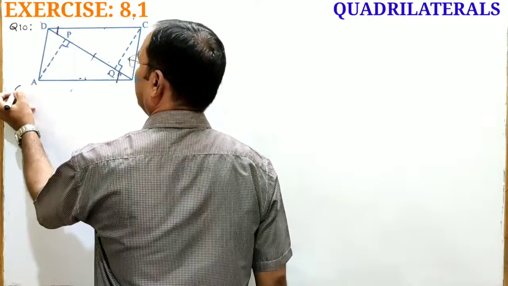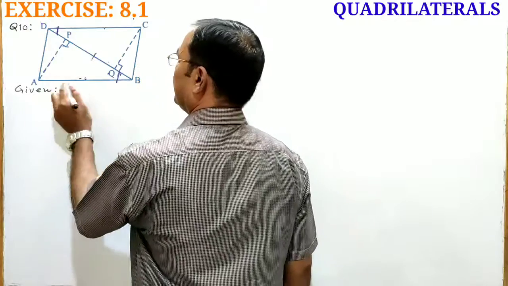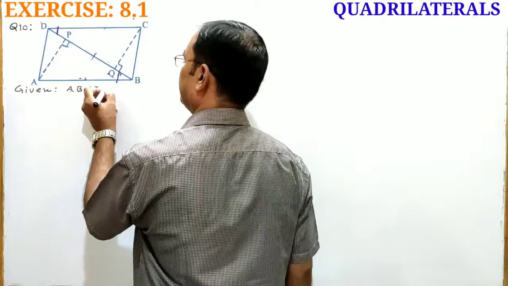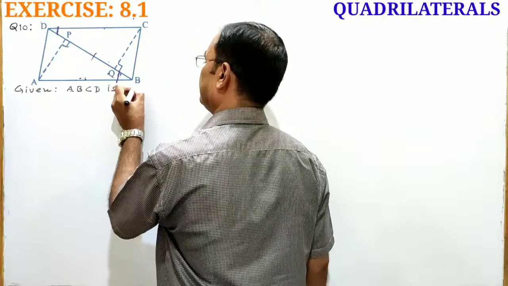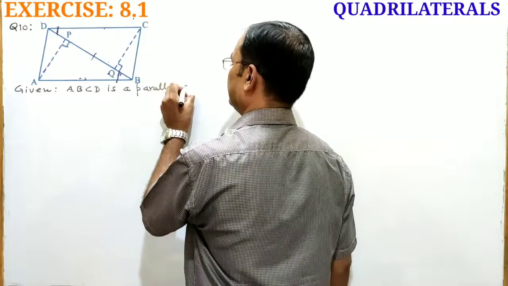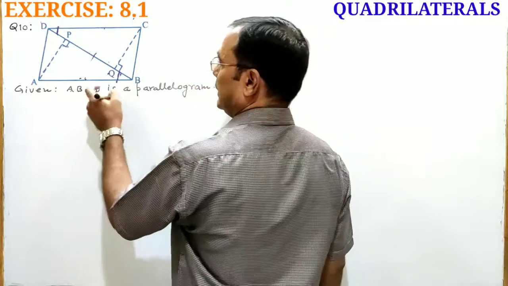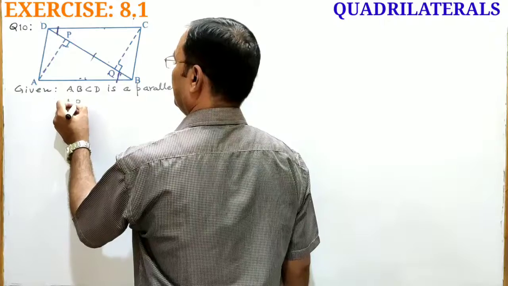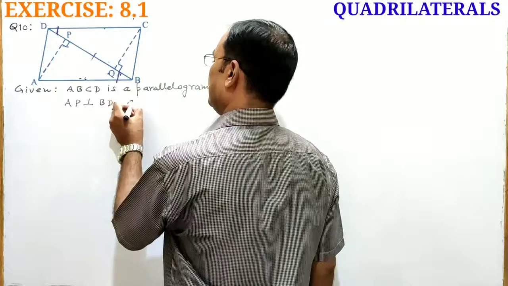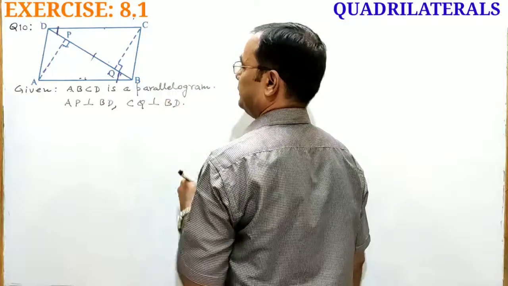So let's write given information. ABCD is a parallelogram. AP is perpendicular to diagonal BD and CQ is also perpendicular to diagonal BD.